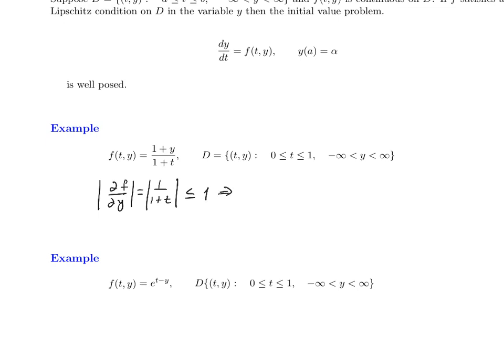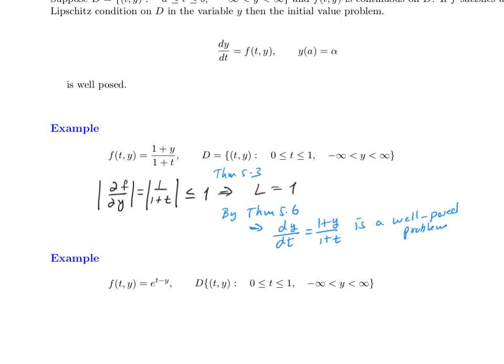So that implies that L is equal to 1. All right, so remember from Theorem 5.3, that means that it has a unique solution and it satisfies the Lipschitz condition. So therefore, by Theorem 5.6, that implies dy/dt equals (1 plus y) over (1 plus t) is a well-posed problem.